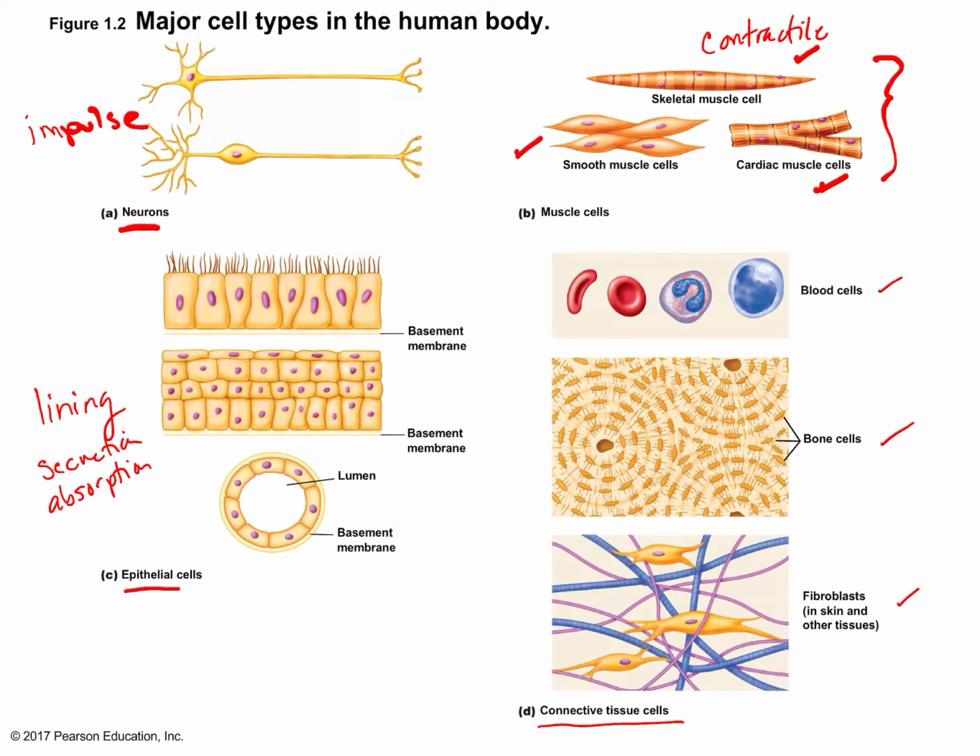And then connective tissue is varied, but connective tissue is a binding tissue, and it holds organs together, it holds cells together, and the function is varied based on the type of connective tissue. So go through the textbook and just review the different tissue types and cell types.